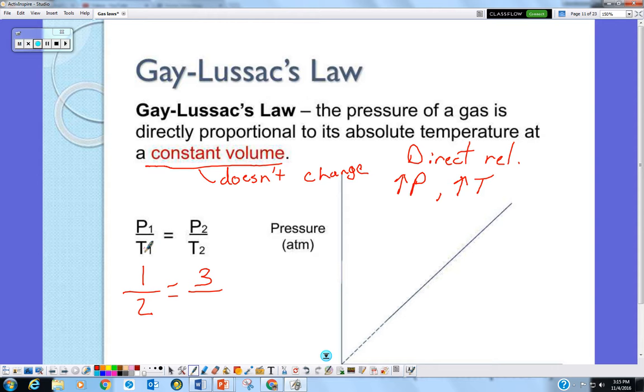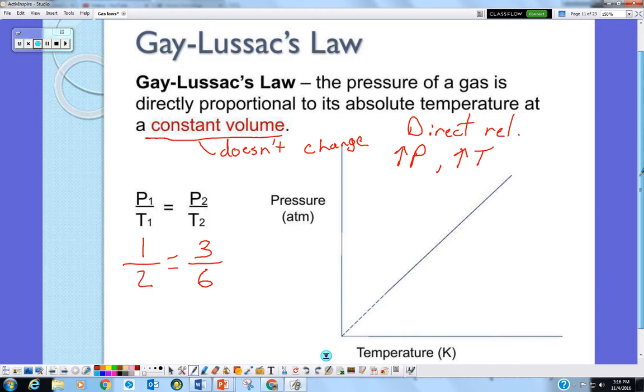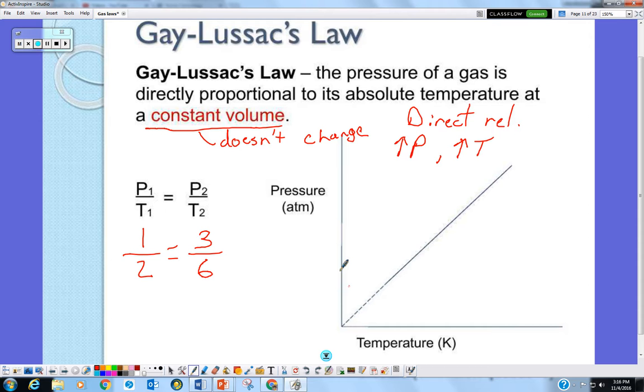So when we're looking at this numeric relationship, if I increase the pressure by a factor of 3, then my temperature should also increase by a factor of 3. That would make our new temperature 6, whatever units. We get the same type of graph in this one as we had before. When we look at pressure versus temperature, we see this linear increase at the same slope.